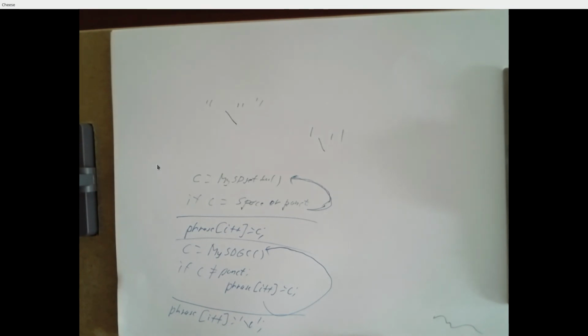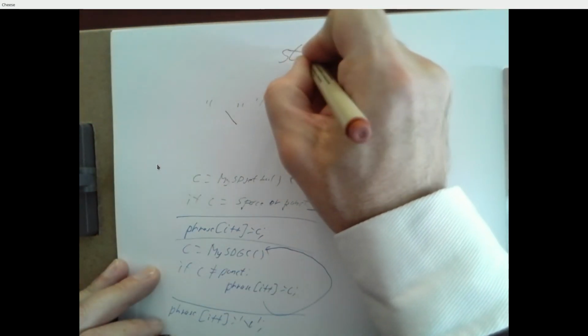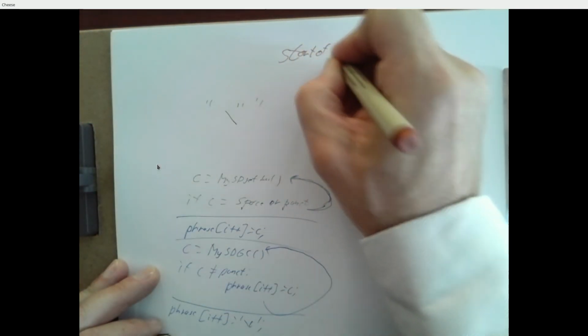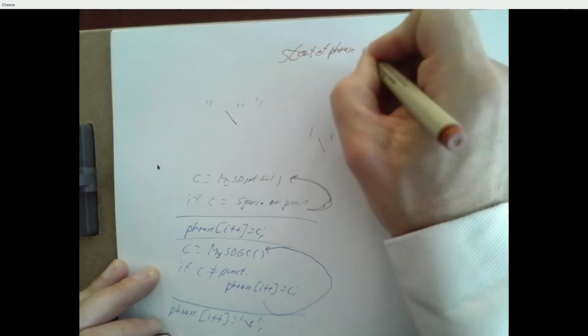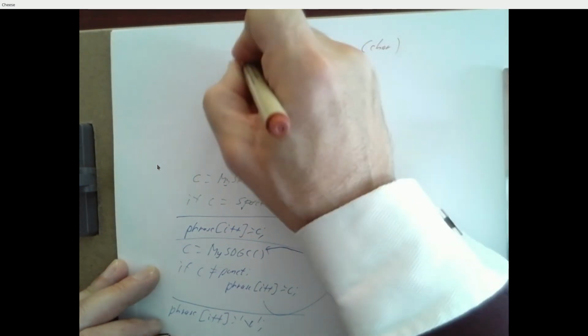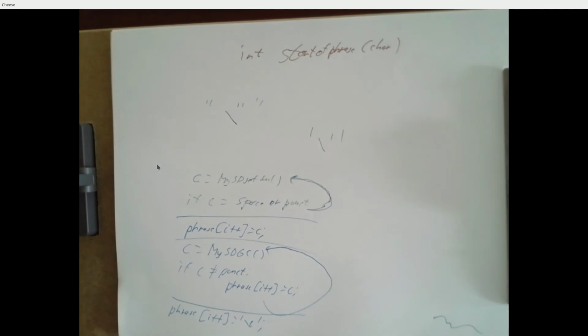Is it possible to put that into a switch statement so you don't have to say 'or punctuation'? Yeah. Although my suggestion was to make a start-a-phrase function that returns like a 0 or a 1.